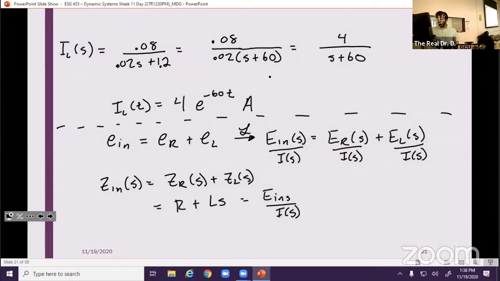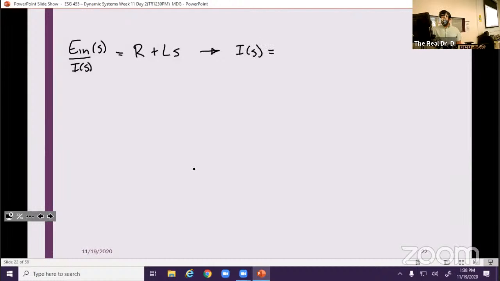Well, let's do it on the next slide. So E in over I of S is equal to R plus LS. I'm going to multiply by I of S and divide by R plus LS. I'm going to solve this for I of S, and this will give me E in of S over R plus LS.